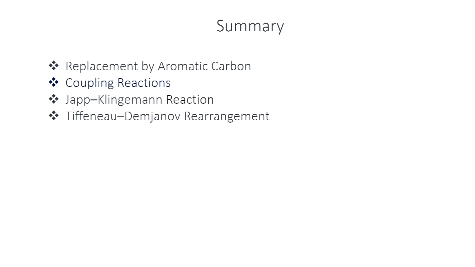In summary, in this lecture, in continuation of the earlier reactions of diazonium salts, we have seen the replacement of the diazonium group by aromatic carbon. First we have seen the Gomberg reaction. If you have the diazonium salt, you can couple it with aromatic hydrocarbons like benzene to give the biaryl product.